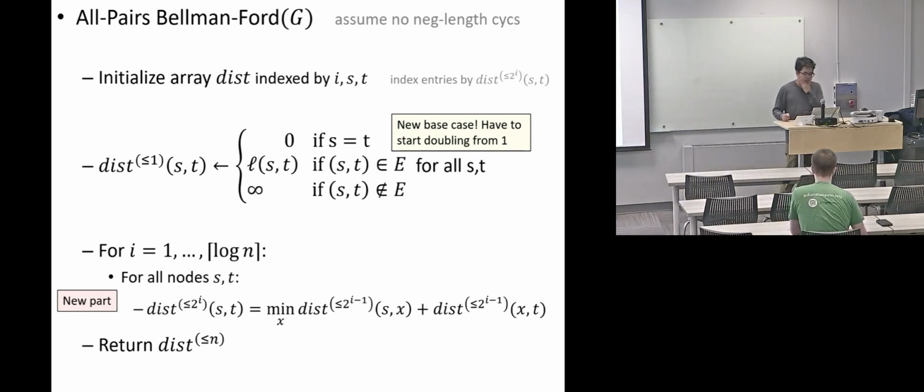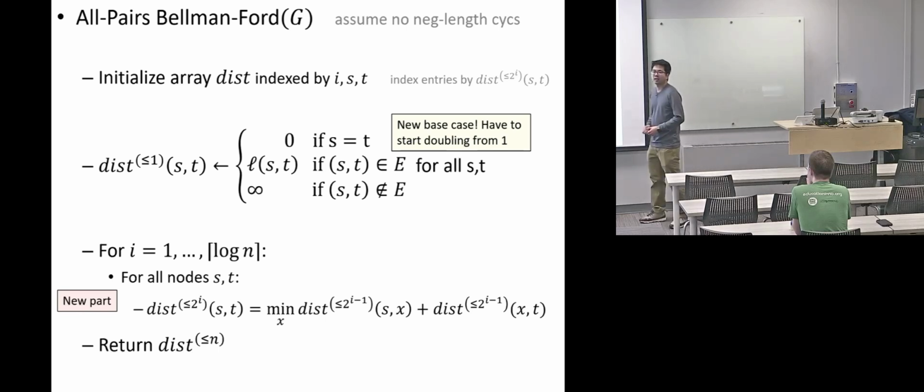Okay. What's our total running time? Is it still n squared log n? So it's going to be a bit more actually. n cubed log n. Why? All nodes s, all nodes t, all nodes in between, and also log n. Yeah.